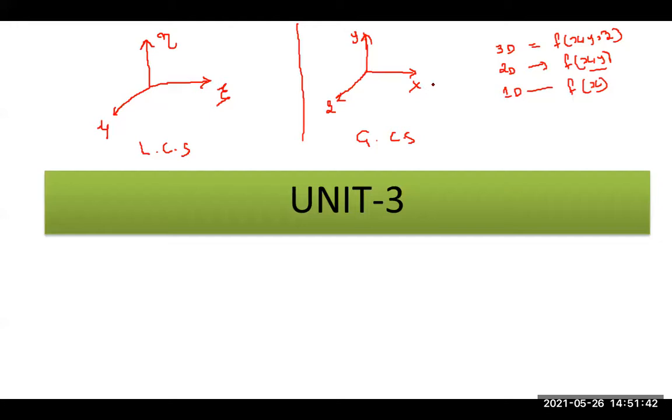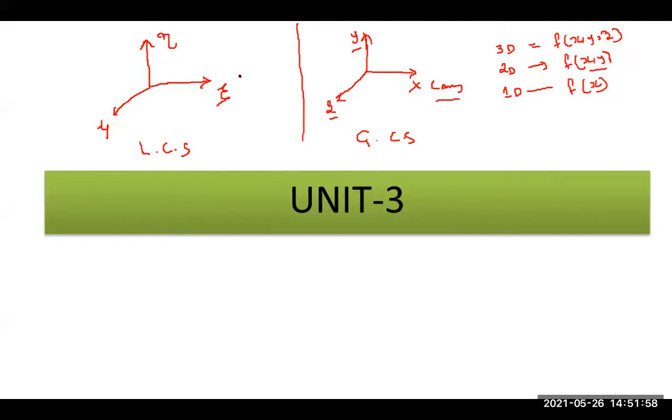In the global system, x may be any number. It may be -1, it may be -1000, or it may be +1000. Similarly, y can be any number and z can be any number.